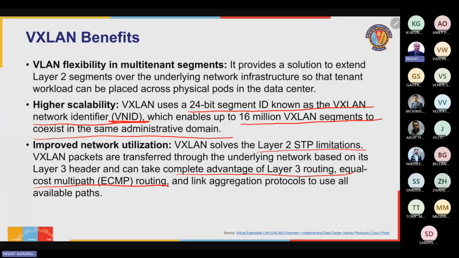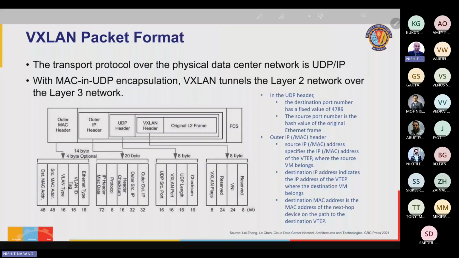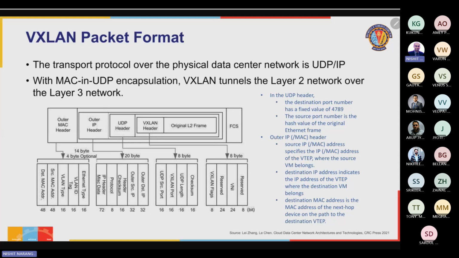Yes, so let's look at the VXLAN encapsulation, the packet format. As we said, the transport protocol used with VXLAN in the data center underlay network is UDP/IP. We know it's an IP-based network.